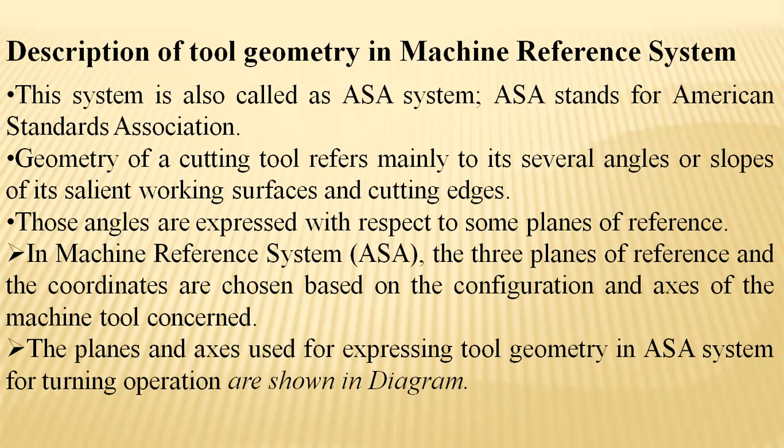Whereas the geometry of these cutting tools refers mainly to its several angles and slopes depending upon the working conditions, such as the surfaces that need to be worked on, or different edges, or different circular interpolations that have to be done.